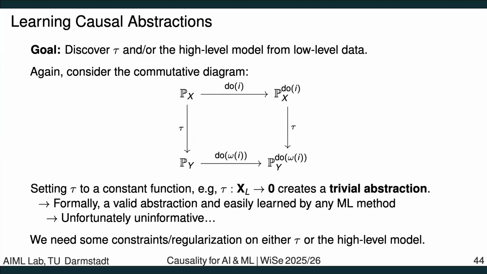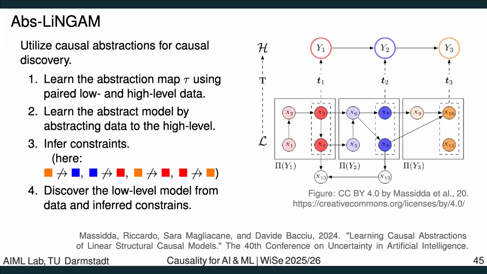But we assume in this setting that we know which high-level and low-level variables we have. In causal representation learning, we might not even know what our high-level variables or latent variables are.